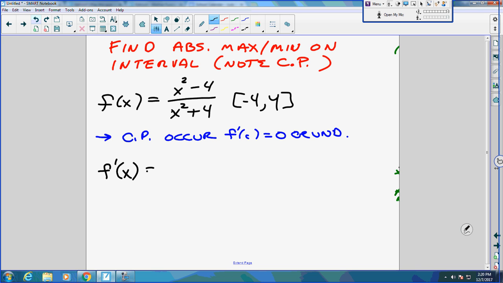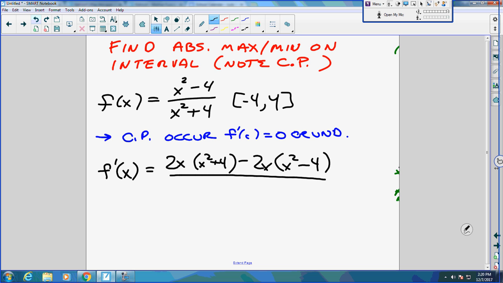I think the derivative of the top is just 2x times the bottom, minus the derivative of the bottom, 2x times the top, over the bottom squared. All right, I do want to clean this up before I solve it for 0.